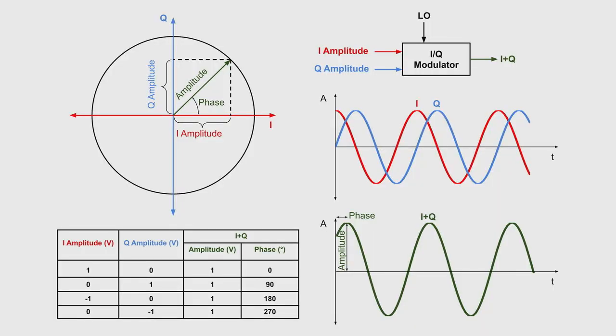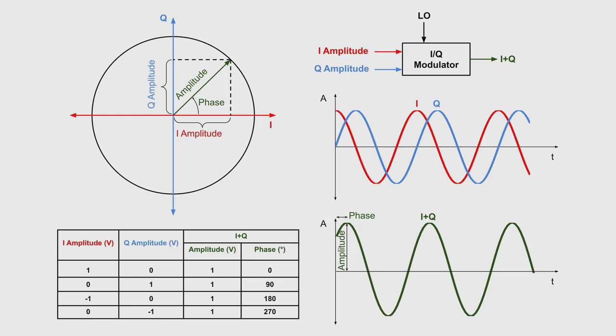With quadrature modulation, the term IQ is often used for in phase, I, or Q for quadrature, and that refers to two sinusoidals that have the same frequency and are 90 degrees out of phase. The I signal is a cosine waveform and the Q signal is a sine waveform. A sine wave is shifted by 90 degrees relative to a cosine wave.